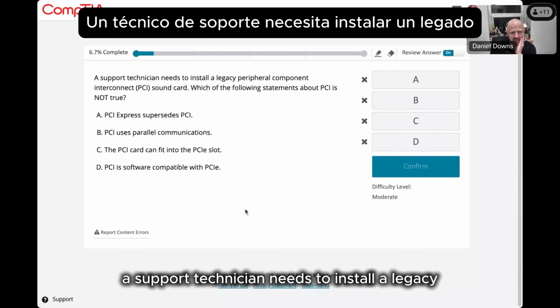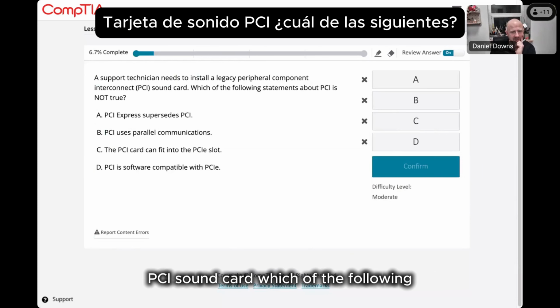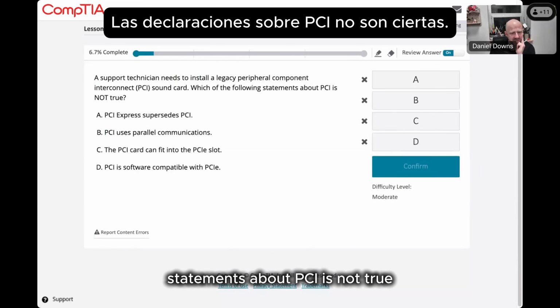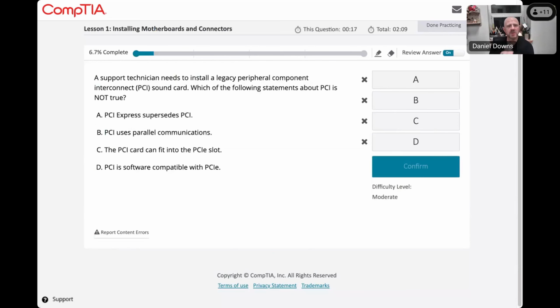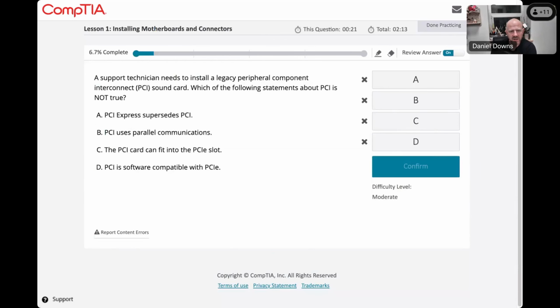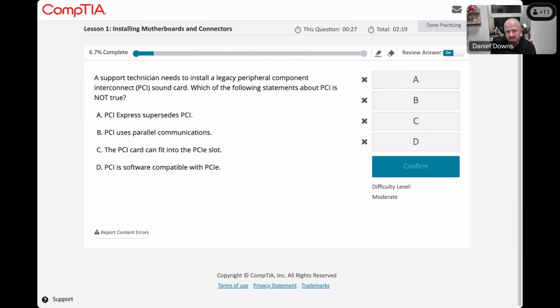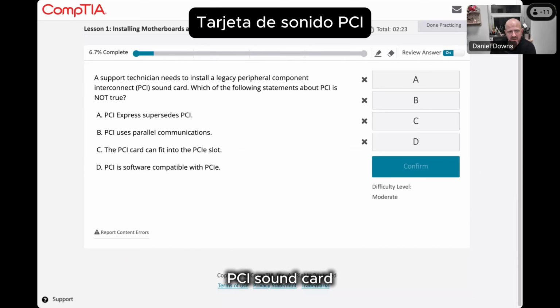All right. A support technician needs to install a legacy Peripheral Component Interconnect, PCI, sound card. Which of the following statements about PCI is not true? So a support technician needs to install a legacy, so an older, Peripheral Component Interconnect, PCI slot, a PCI sound card.